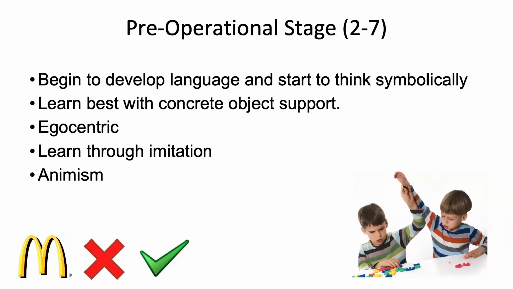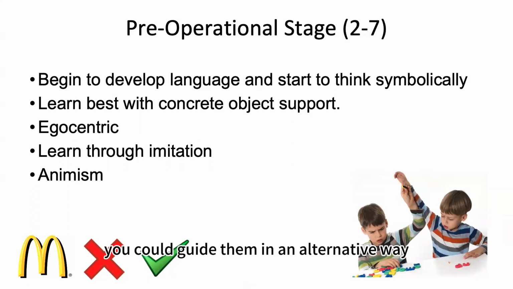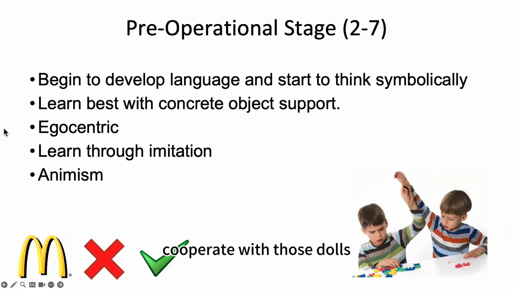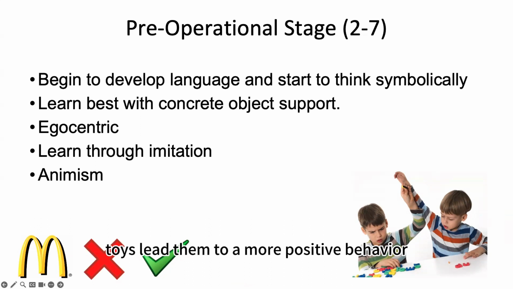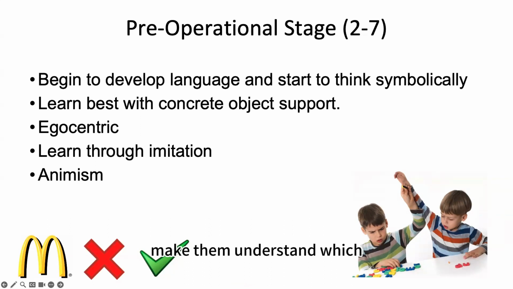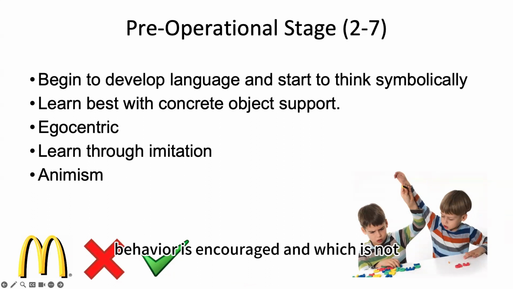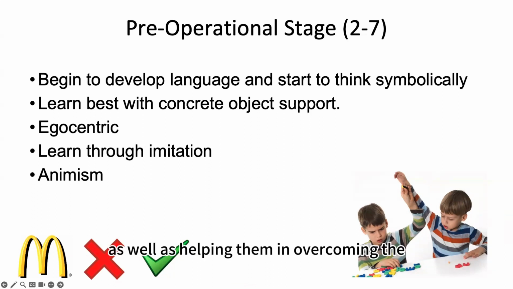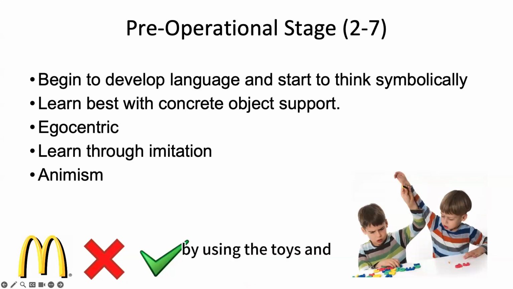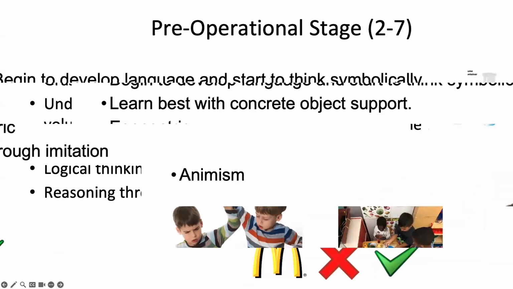Instead of forcing them, you could guide them in an alternative way, using their imitation ability, cooperating with dolls and toys, to lead them to more positive behavior. Also, incorporating symbols makes them understand which behavior is encouraged and which is not, as well as helping them overcome the egocentric stage by using toys and dolls.